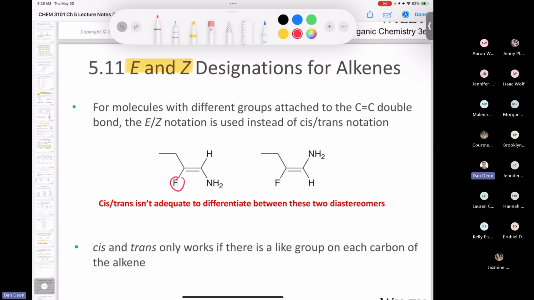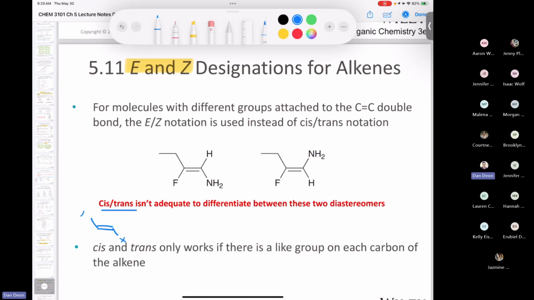So you might wonder, why can't we use cis and trans to differentiate between these two compounds? If you don't remember, I'll tell you again. Cis and trans with a double bond, you can only use when you've got two groups on the two carbons that are identical, like X and X. You can't say that X and Y are trans to each other, okay?